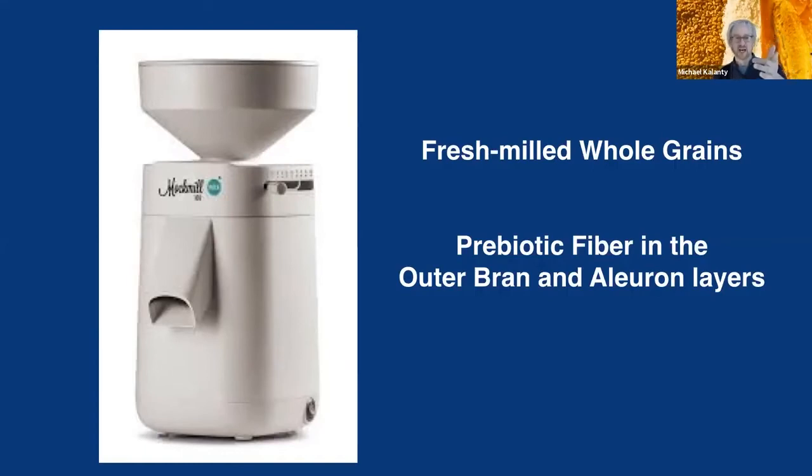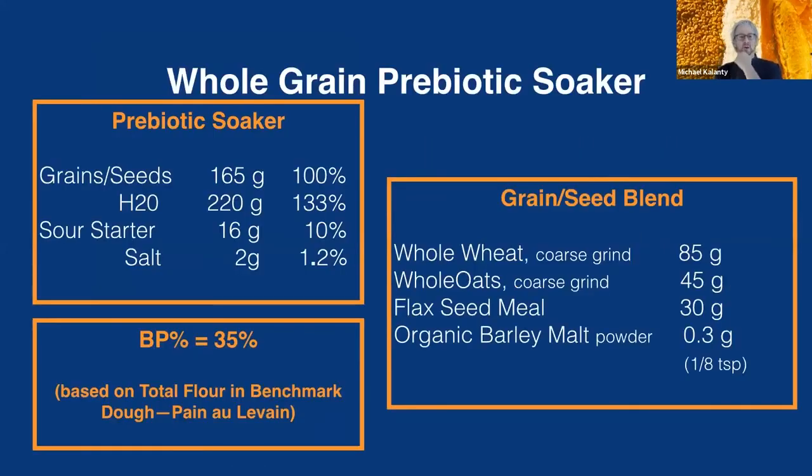So, here's what I did for a prebiotic soaker. I said, okay, we need a stick in the sand, and how will that be? I'm going to take grains and seeds, a combination, at 30% of my flour in the main dough. That's how I arrived at that number. You can see my grain and seed blend over here.